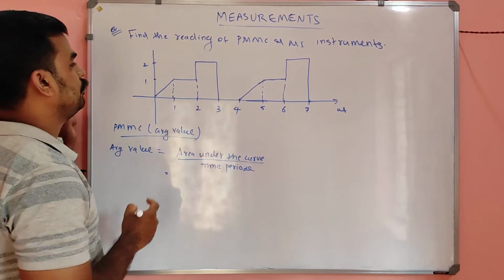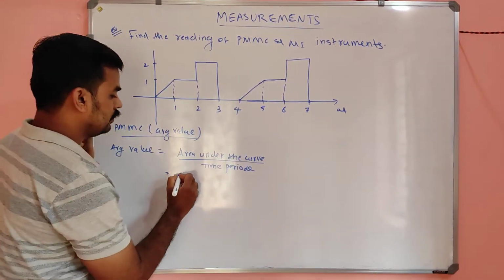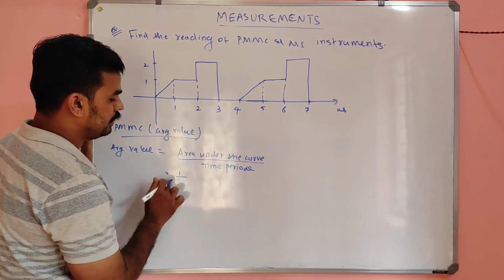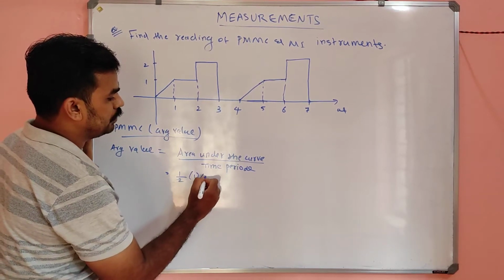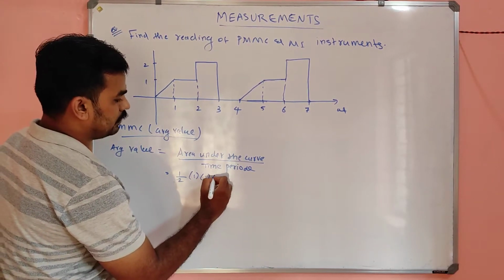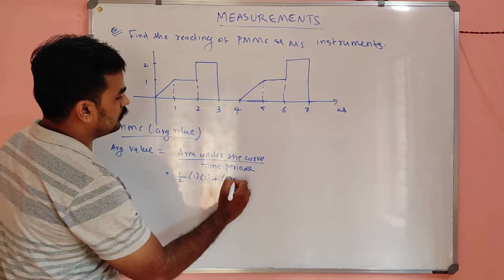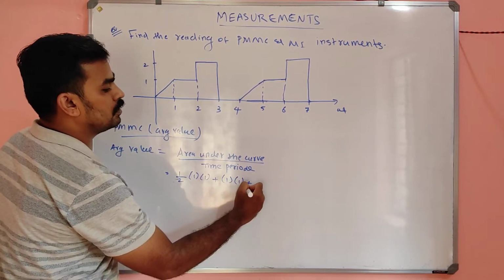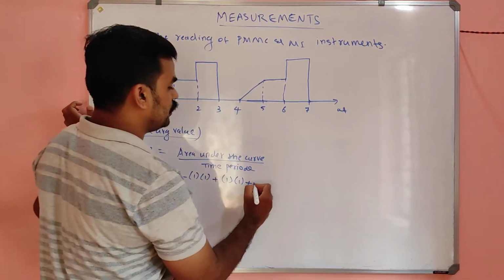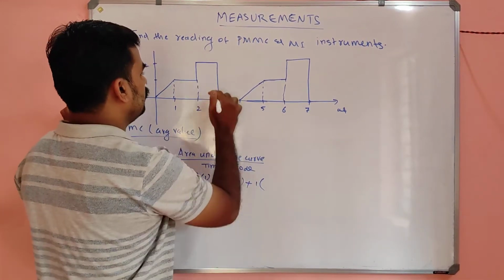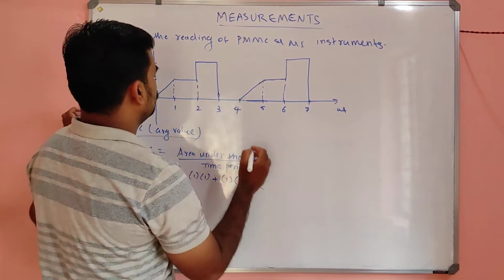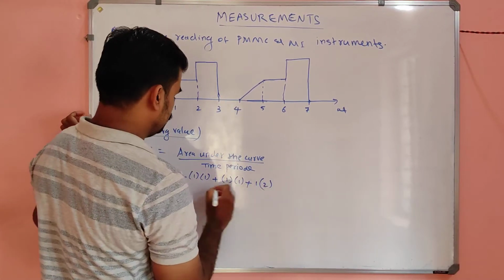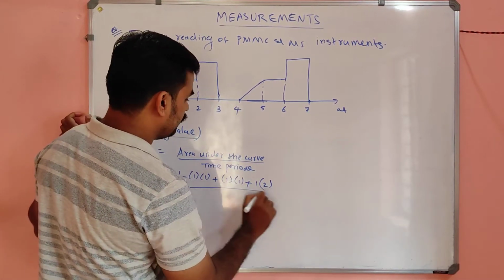So the area under the curve will become triangular, which is simply half into B into H, plus a rectangular, which is simply B into H, plus again a bigger rectangle, which is simply 1 into 2, whole divided by the time period.